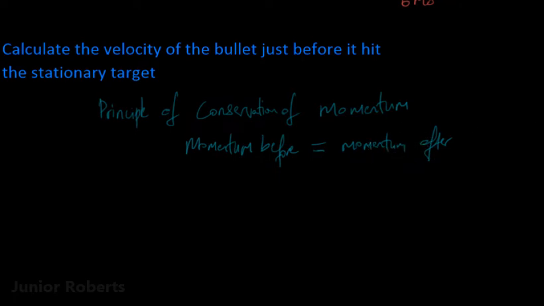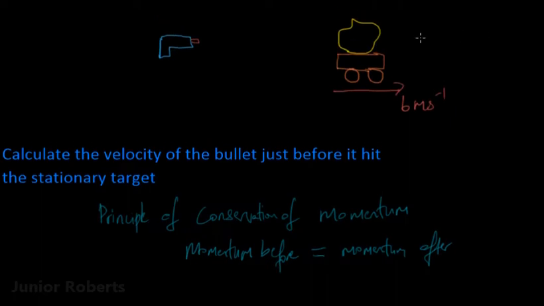So in our system, we had a bullet moving with some velocity and a stationary target, and then after they impact each other, the bullet and the target move off with a common velocity of 6 meters per second.